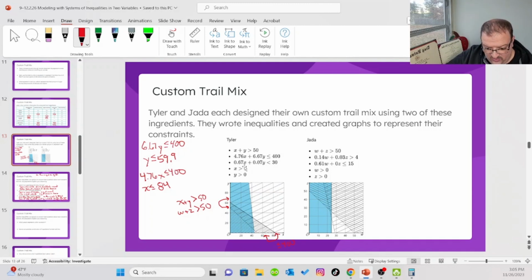Next, we have the 0.67x plus 0.07y is less than 30. So if we said no x, 30 divided by 0.07 equals 428. So that's going to be way up out of our screen.